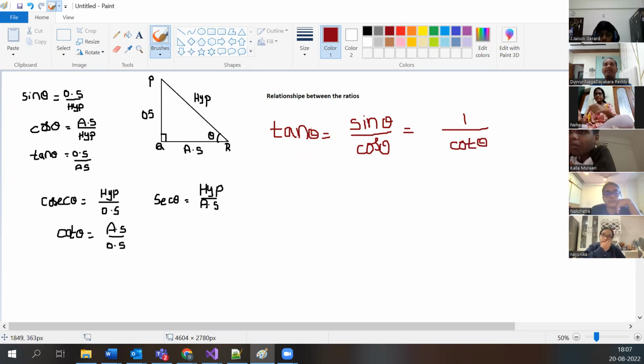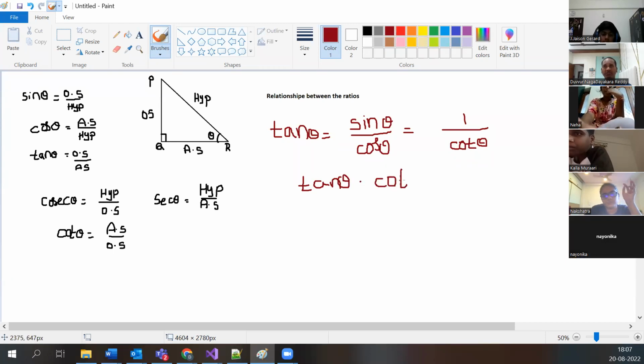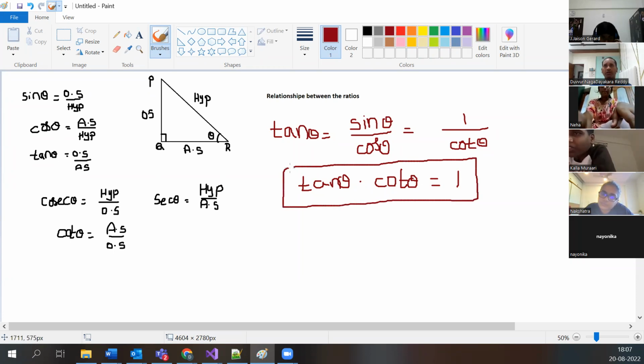Now, if you see that tan theta equal to 1 by cot theta, if we do the cross multiplication, what happened over here? You get tan theta into cot theta equal to 1. What does it mean? If the product of the two terms is 1, both are reciprocal to each other. And what else did we discuss?